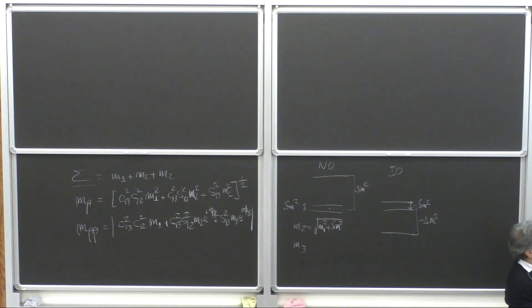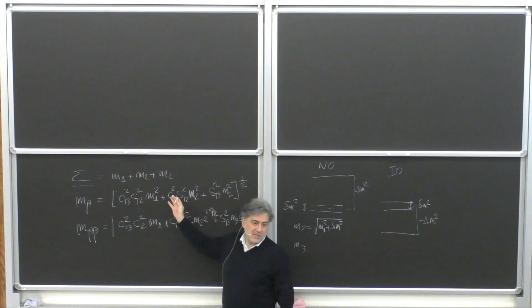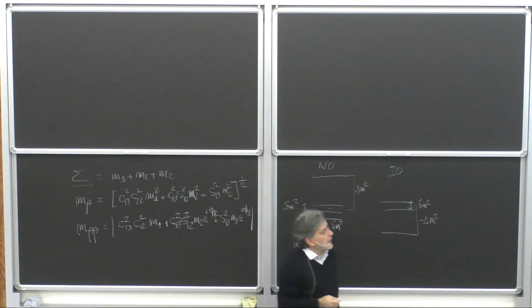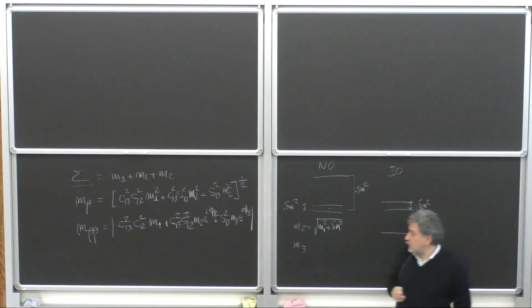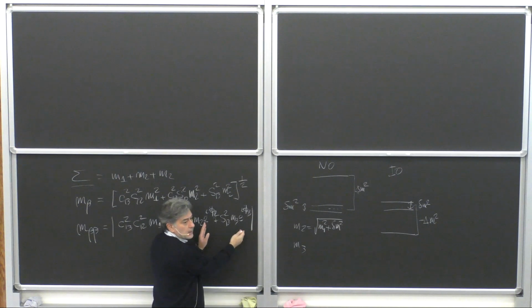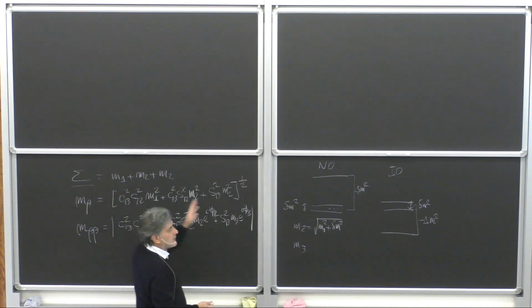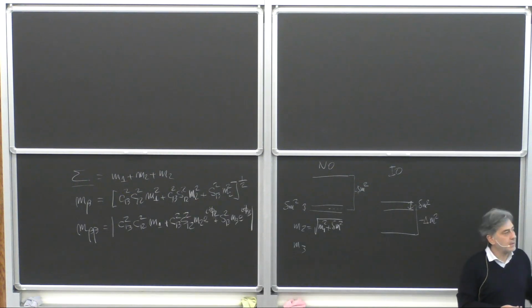Same thing up there for M beta as a function of sigma. And you see that since you don't have this freedom given by the Majorana phases, virtually if you fix sigma, you fix M beta.